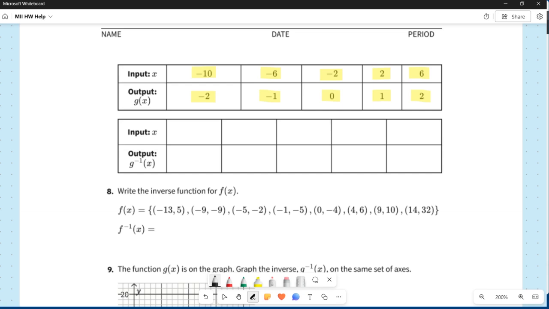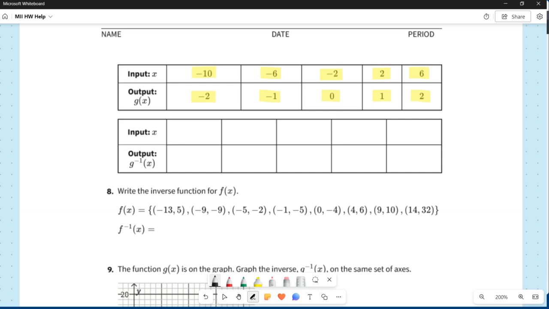On a graph, it's the y-axis. You take the result of the original function, and that becomes your input into the inverse function. You plug that into the inverse function, and then the output of the inverse function is your original input that you started with. You undo whatever the function did.